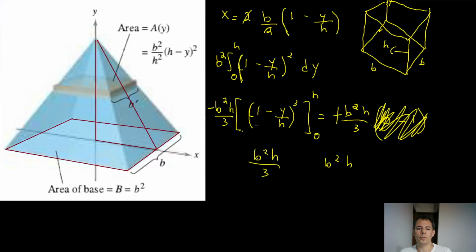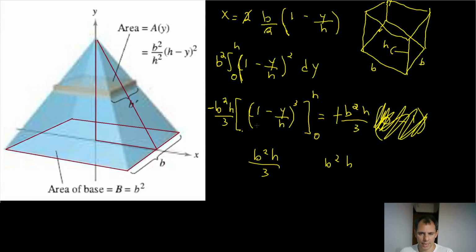So this proves that it doesn't matter what the shape of the base is, as long as the length of the side of the shape. And what if it doesn't have a side? What if it's not a polygon? What if it's a circle? It's going to be the length of the radius.